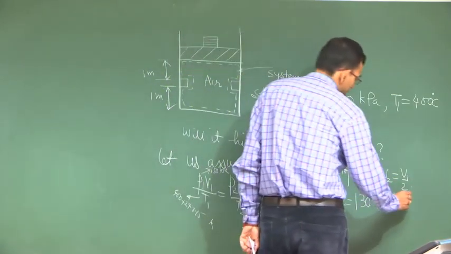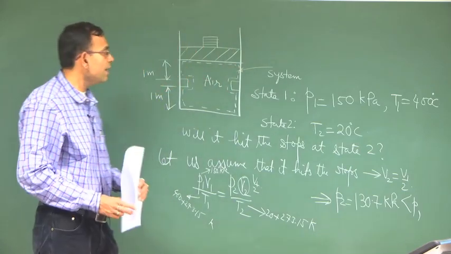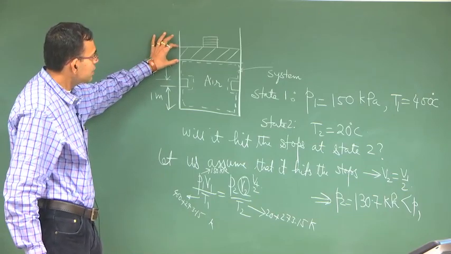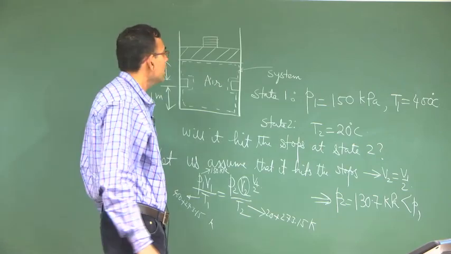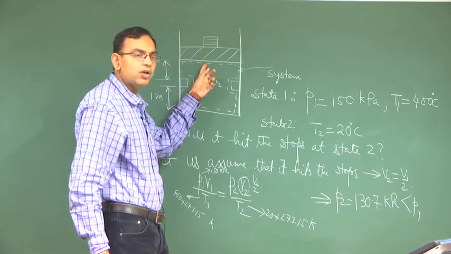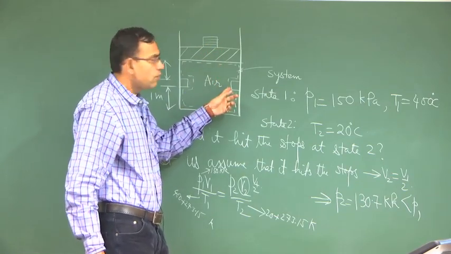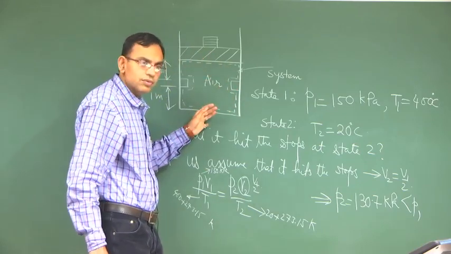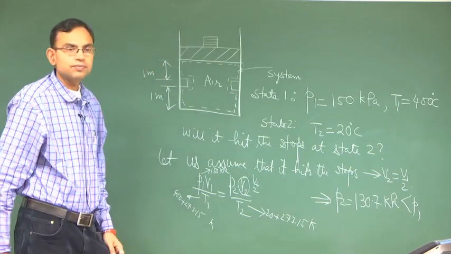This is less than P1. So, from here what can you conclude? See, if this piston is moving in a quasi equilibrium process, because the resistance pressure does not change, the inside pressure will not change until and unless it encounters the stops. When it encounters the stops, it wants to go down, but the stops is preventing it from going further.